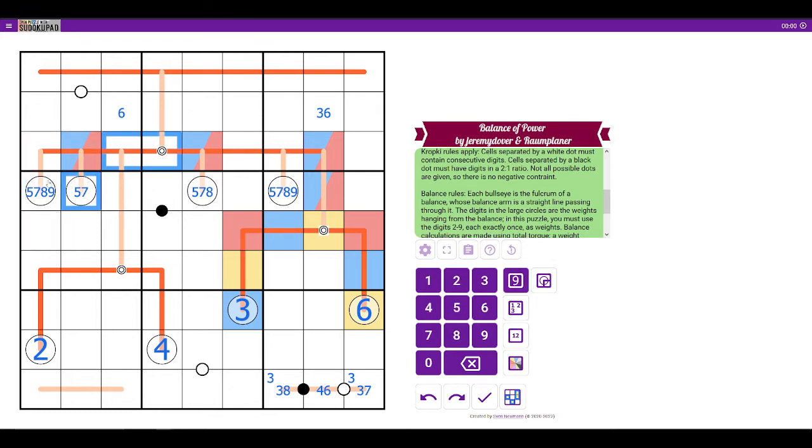Which means this has to be the 9, if this is the case. Which means that's, what, 9 times 3 is 27, 33. So we still need 3 more on this side.